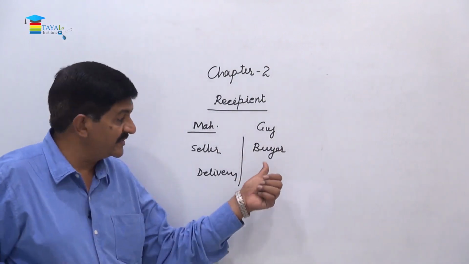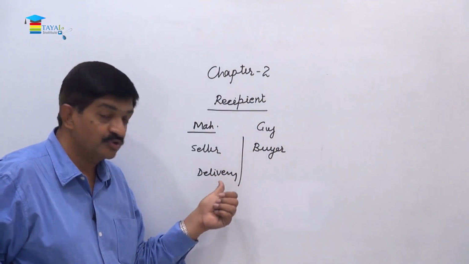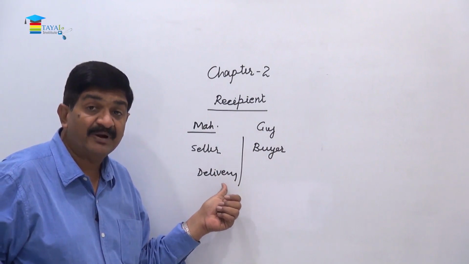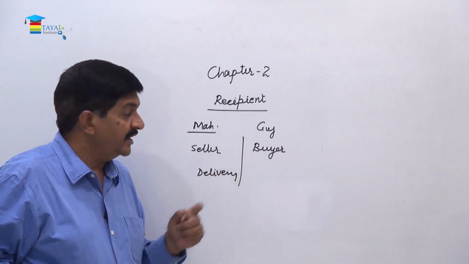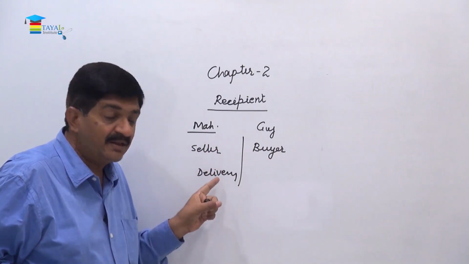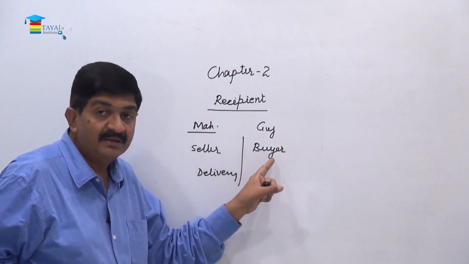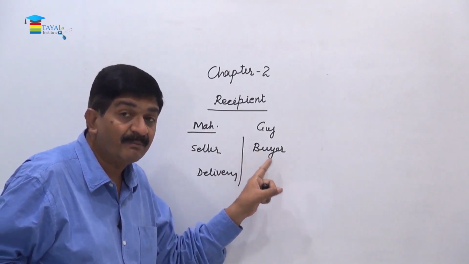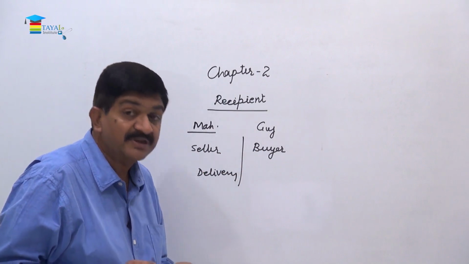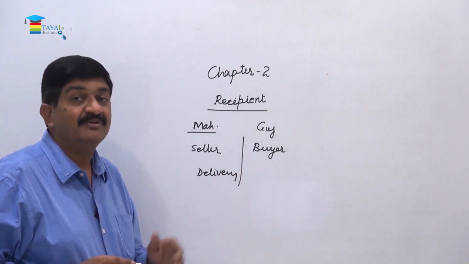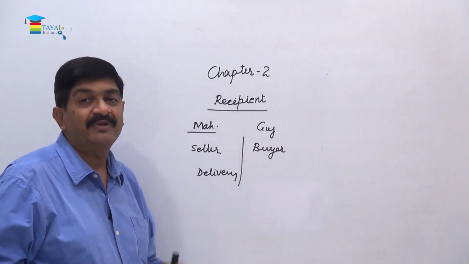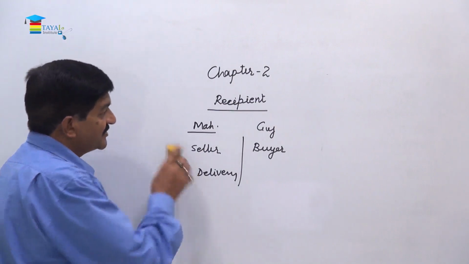This buyer has given the instruction to the seller to deliver the goods to another place but within Maharashtra. If this is the supply made, the place of supply will be the place of business of the buyer. Why? Because he is the recipient. Why is he a recipient? That is why we are defining who is the recipient.